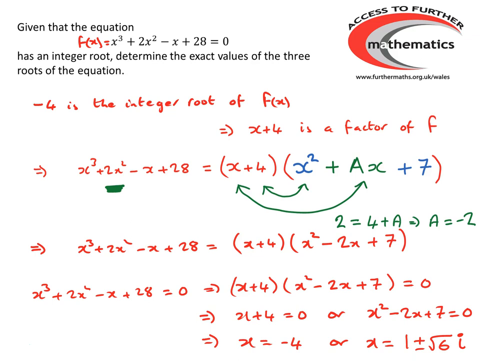We could solve it by completing the square, by using the formula, or indeed if you've got access to a calculator which solves quadratic equations for you exactly, then you could use that calculator for getting your solutions. So we're ending up with x is minus 4 or x is plus or minus root 6 times i.